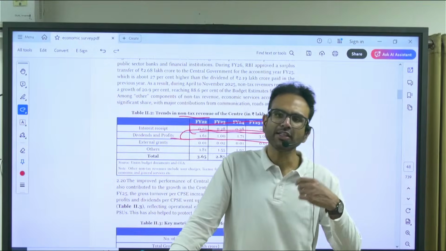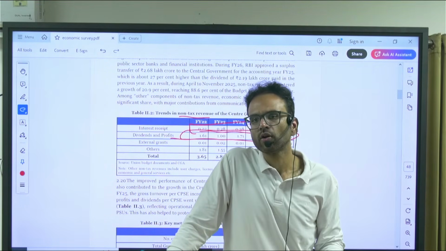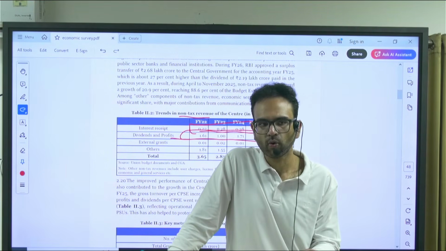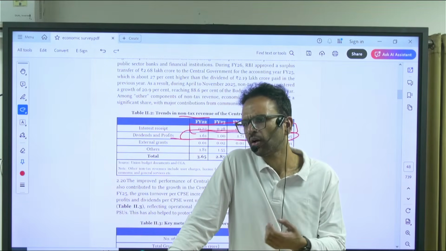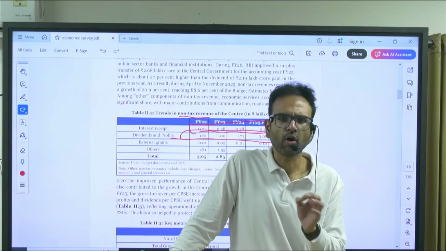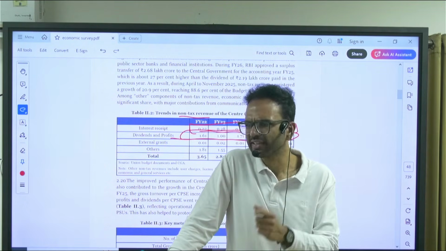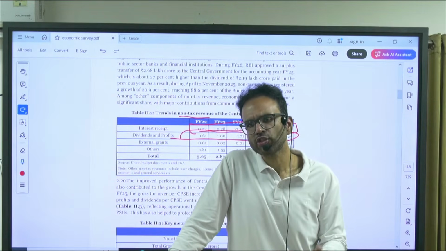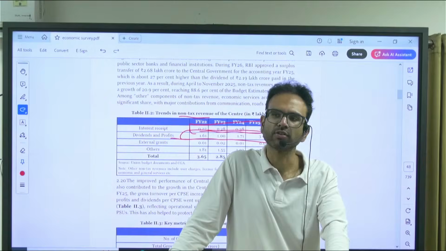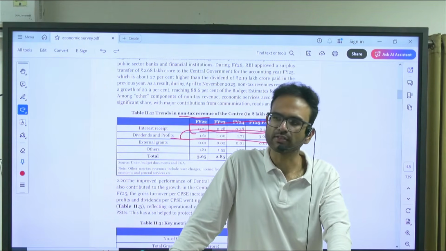Eventually, all these PSUs which had sort of a monopoly, take the case of Coal India, oil and gas, like ONGC, OIL, BHEL, all the defense PSUs, did extremely well, secured orders from the government, supplied to the market, generated profits, gave dividends to the government, and showed that if accountability is fixed, even public sector units can generate extremely good results.